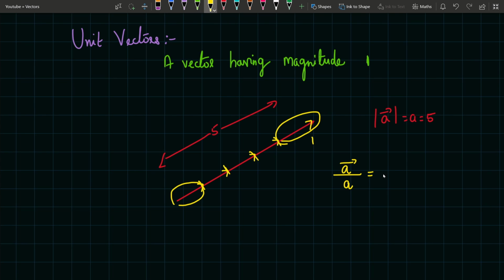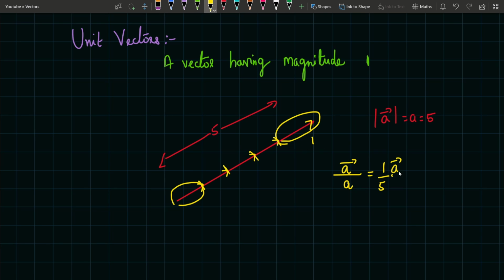Because if I divide it by 5, what happens? The vector becomes 5 times smaller. We saw this when multiplying a number with a vector. If I multiply 1/5 with the a vector, that will shorten the vector to 1/5 of its original length. What was the original length? 5. So what is 1/5 of the original length? 1.